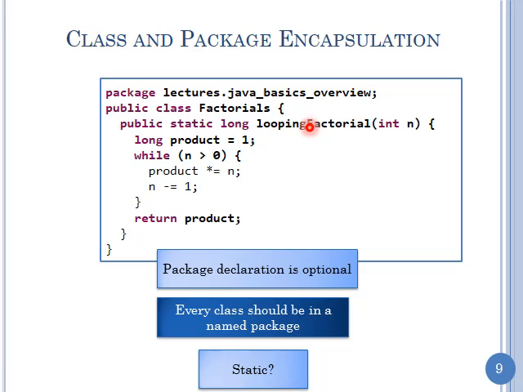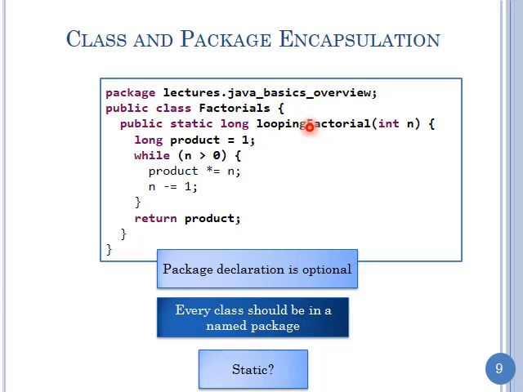Well, but each method has to have a target, on what are you calling this method? The package is just a very passive thing. You don't call methods on packages, so you must be calling the method on factorials, on the class.